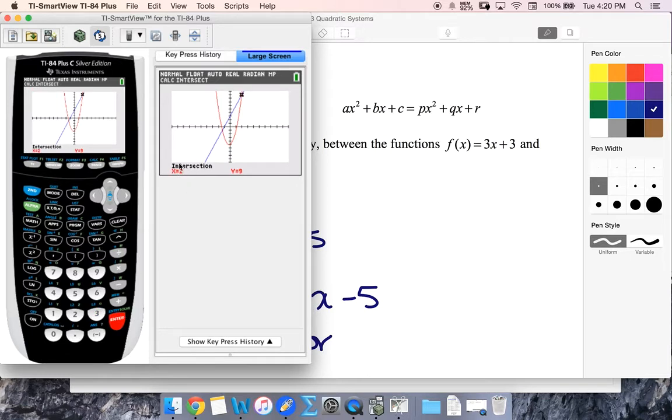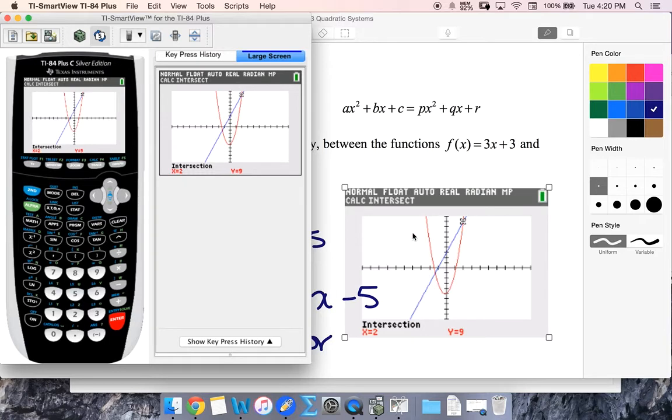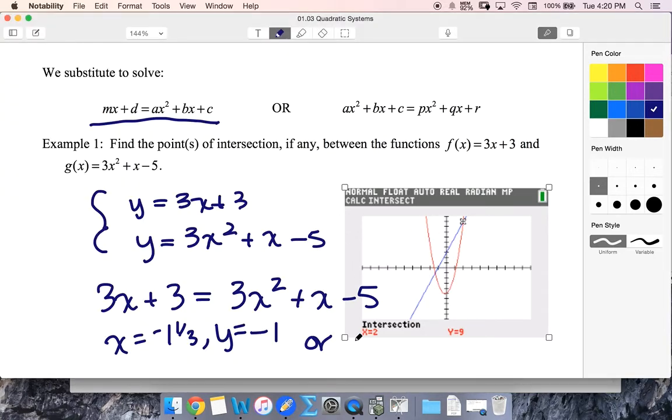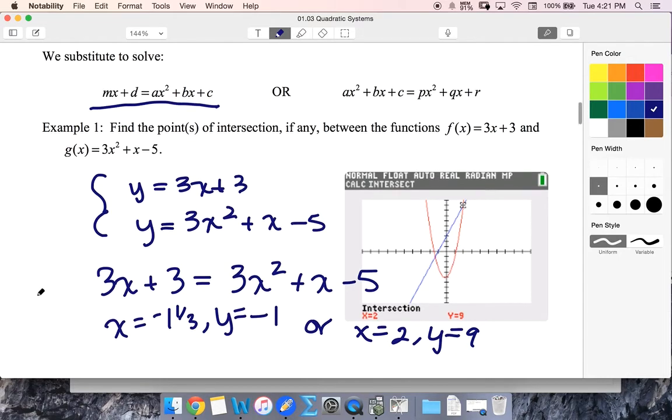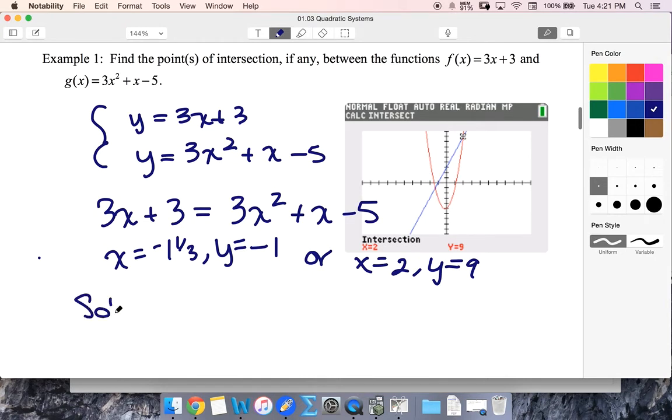And I get that the intersection is at 2, 9 exactly. So I'll pull this over to help us remember. Our second one was x is 2, y is 9. And we need both x and y because we wanted points of intersection. So really we should end up writing our solutions as points.